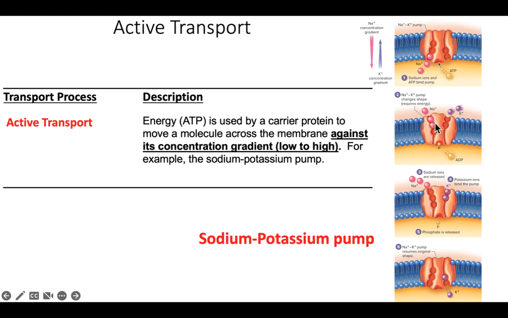Now they're moving into the channel, or I should say the transporter, and then they move out of the cell. At the same time it's moving 3 sodiums out, it brings in 2 potassiums. So that's why it's called the sodium-potassium pump. But notice the ratio. It's 3 sodiums for every 2 potassiums. Extremely important, especially when we get to the nervous system.